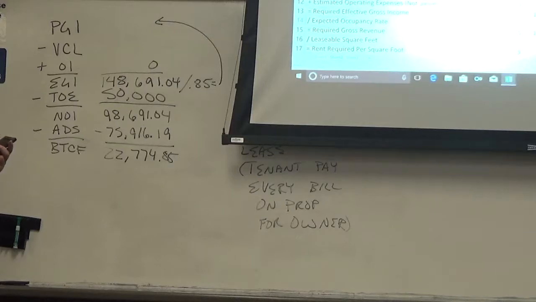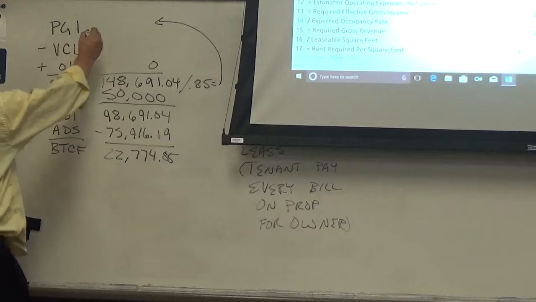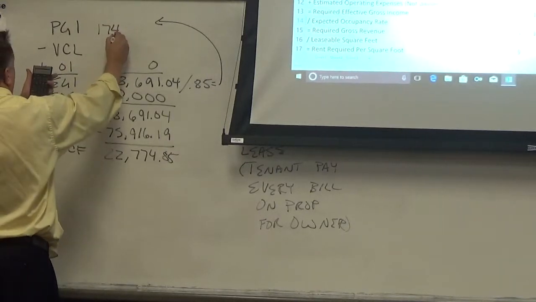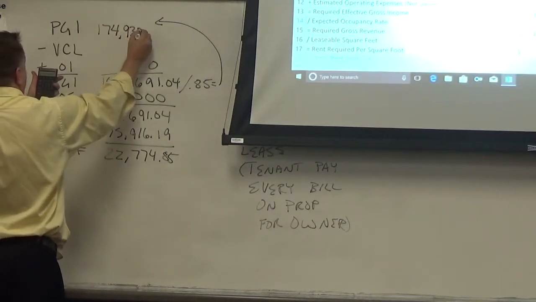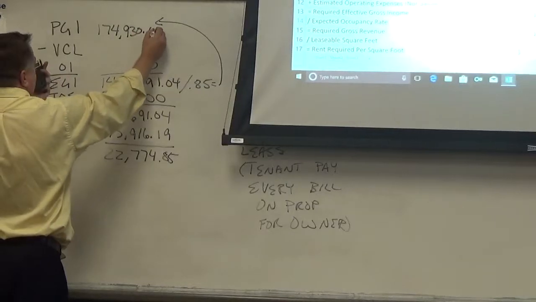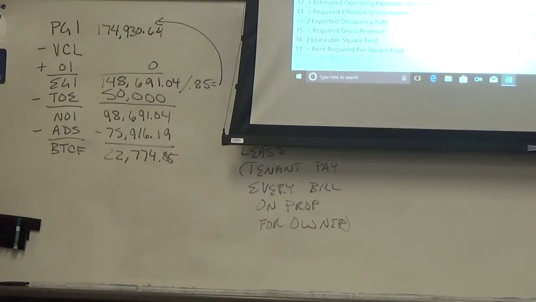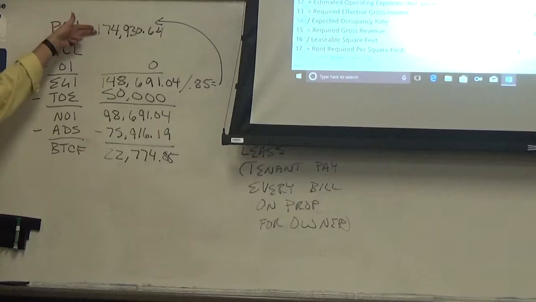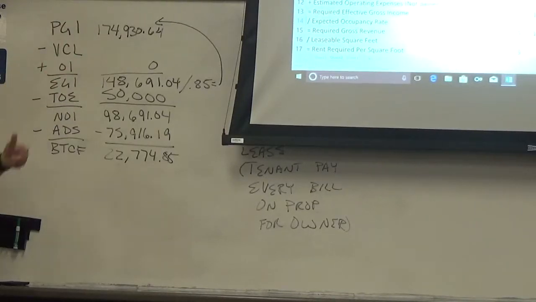To prove the math, I'll show you. 148,691.04 divided by 0.85 gives us 174,930.64. Now, if we wanted to find out what the actual vacancy and collection loss was, we can approach it one of a couple of ways. One, we can just take this minus this, and that's going to give us that.